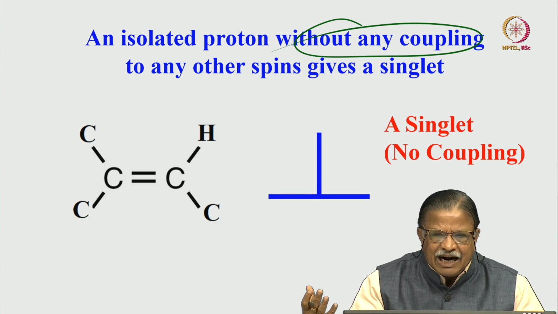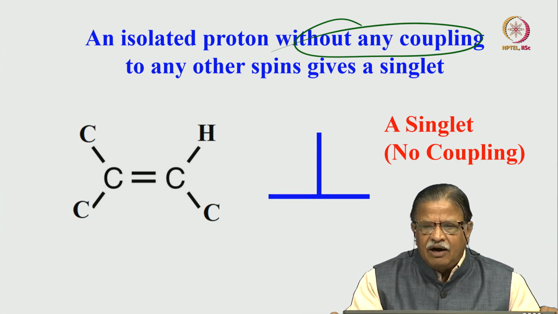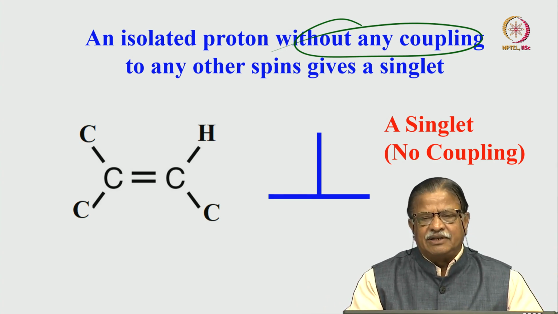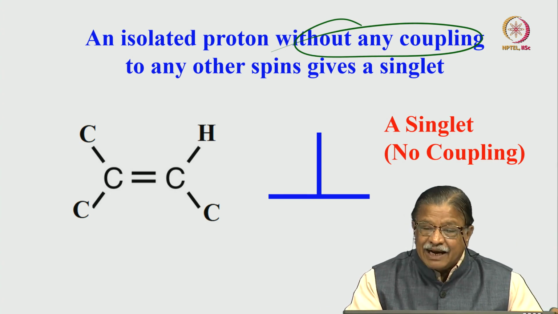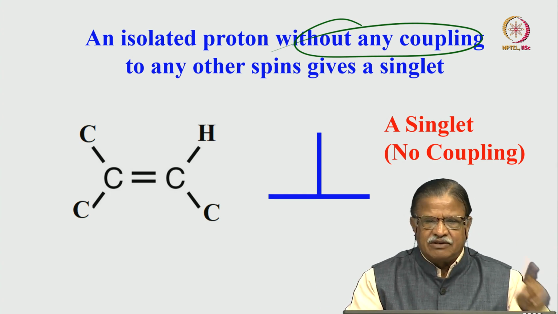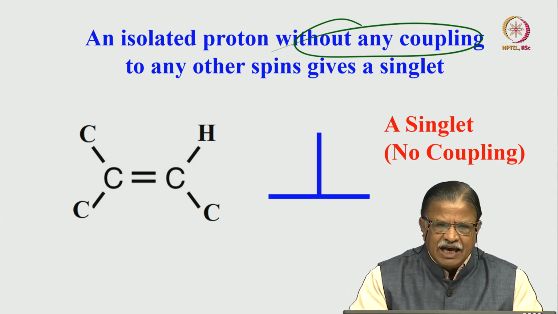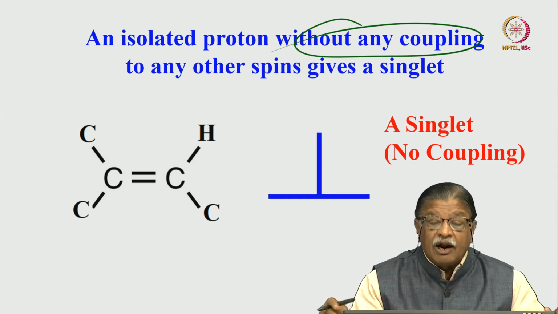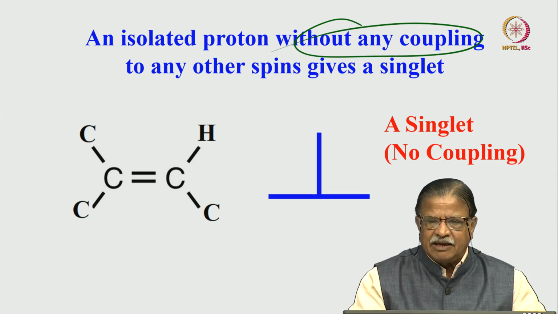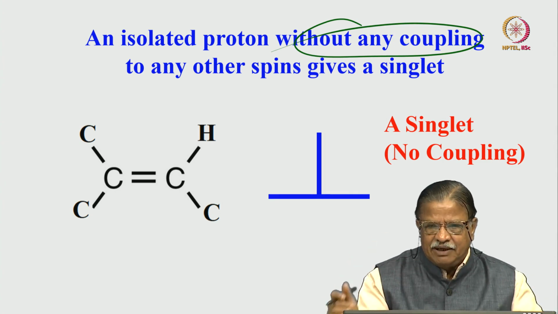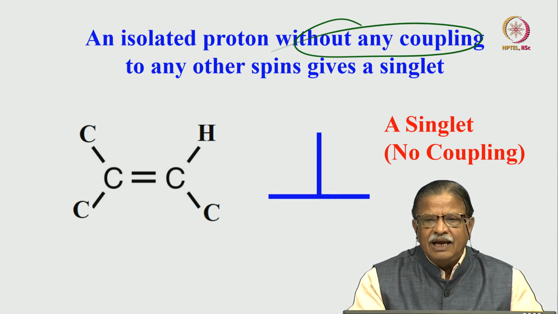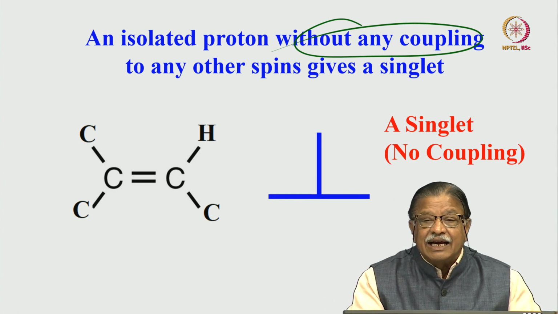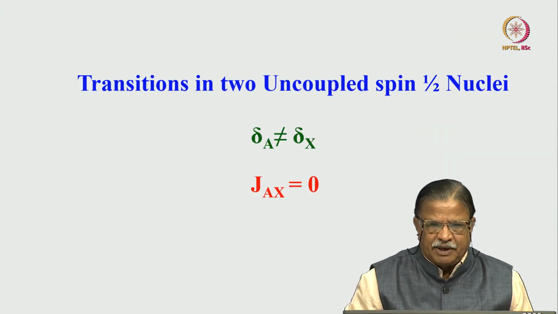If it does not interact with any of your molecules, all 12 protons of tetramethylsilane are magnetically equivalent. As a consequence it gives a single peak even though there are 12 protons. Like this, when there is a single proton or groups of protons which are chemically or magnetically equivalent, if they do not interact with any other spin, you are going to get a singlet. It is an uncoupled spin.